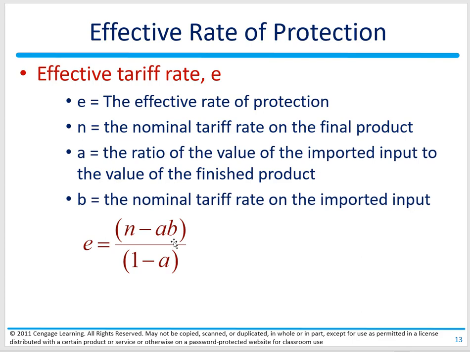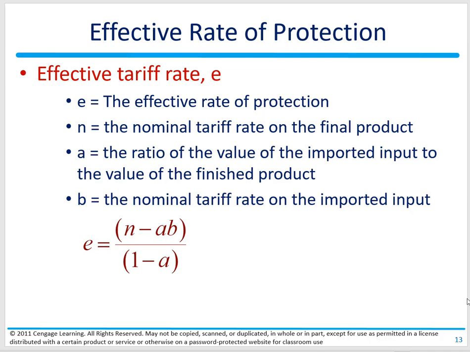B is the rate applied to any intermediary products we need to produce a final product. A is how much those intermediary inputs account for in the final product. And then we divide by 1 minus that share that the intermediary inputs represent out of the final product.